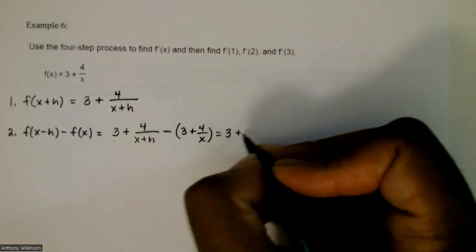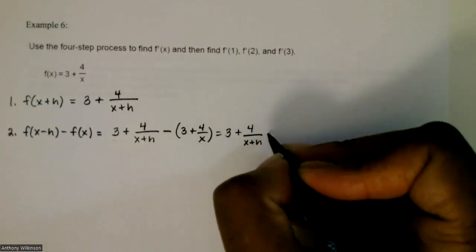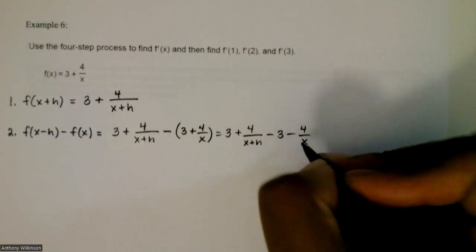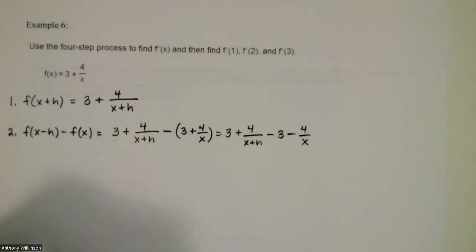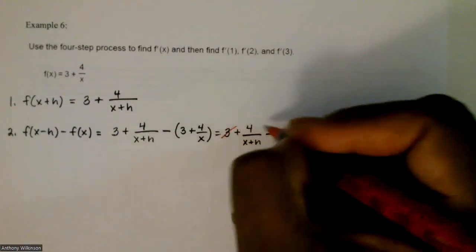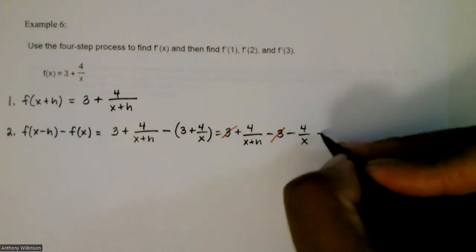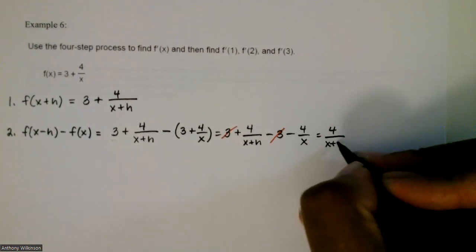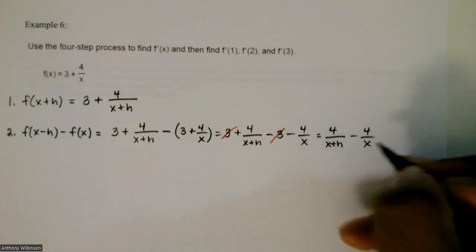Bring down the 3 plus 4 over x plus h, and then minus the 3 and minus 4 over x, distributing the negative over the 3 plus 4 over x. So here the 3's are gone. So you'll have 4 over x plus h minus 4 over x.